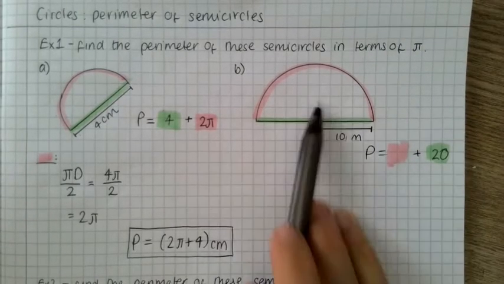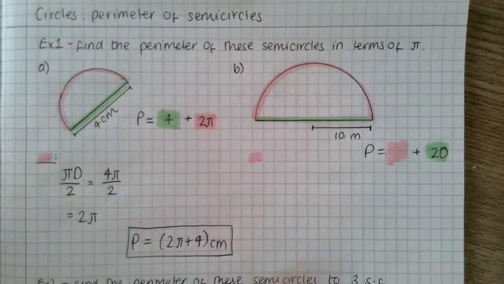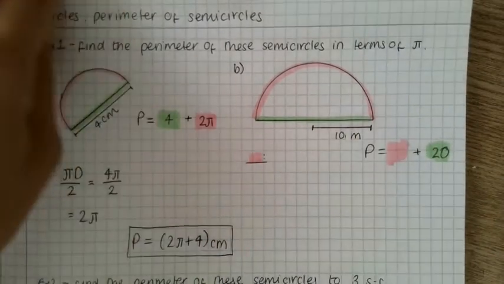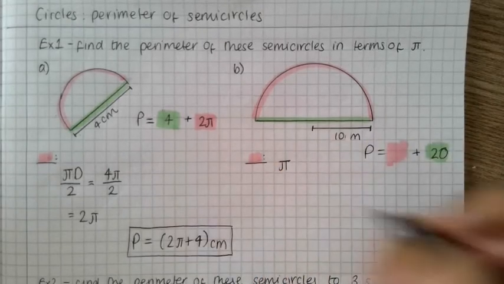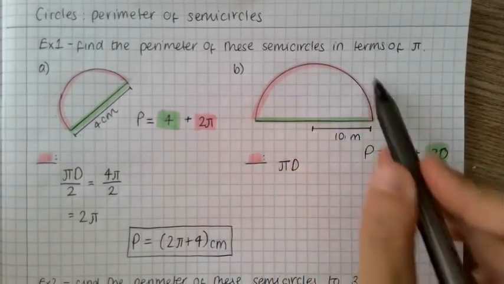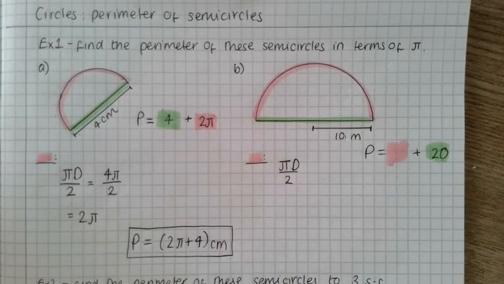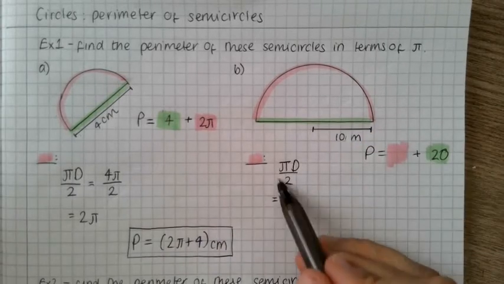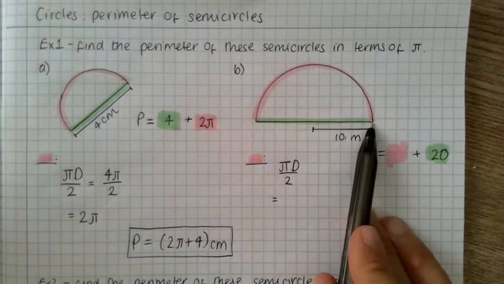And now I need to find the pink line. So I'm going to go away from my perimeter work and find the length of the pink line. So pi d is the equation that I'm going to use. Pi d is the length around a full circle, but I need to half that because I have a semicircle. So I'm going to substitute in what I know. So pi times d, pi times the diameter. The diameter is not 10 because 10 is the radius.